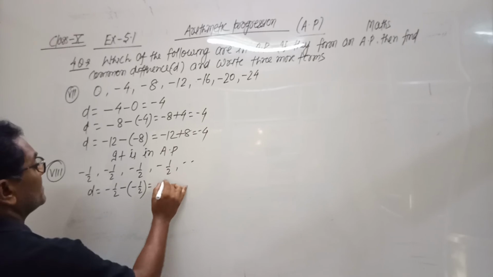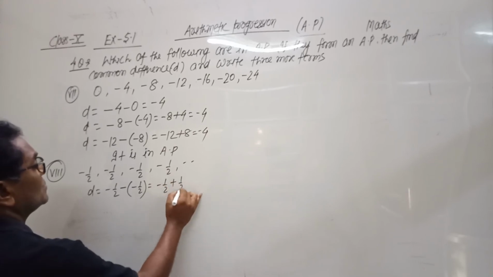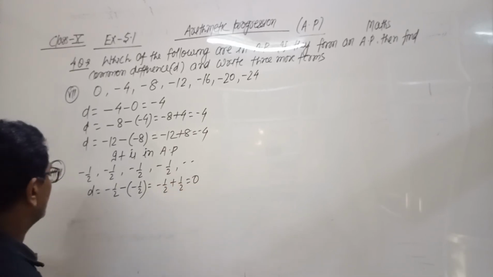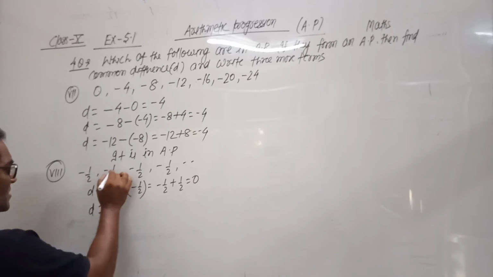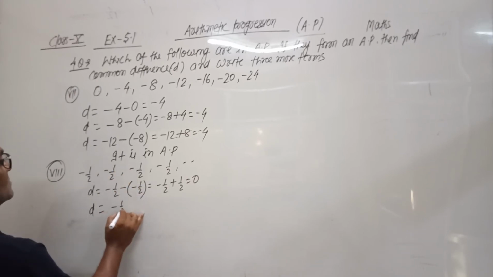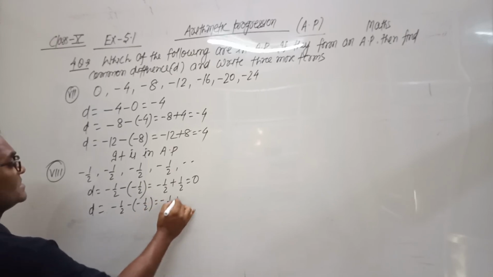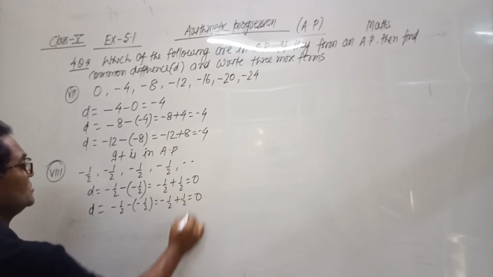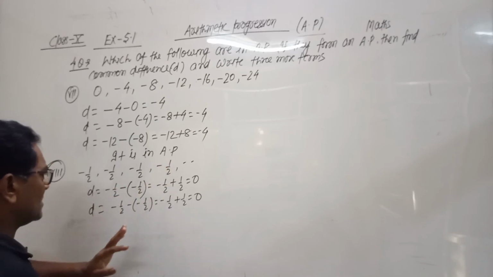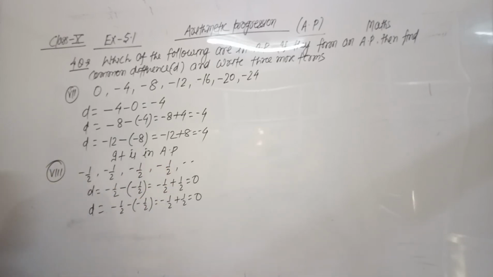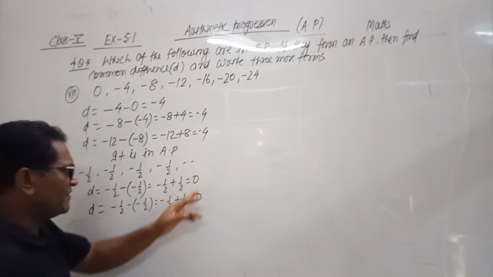So minus 1 by 2 plus 1 by 2 we get 0. Again minus 1 by 2 plus 1 by 2 is 0. Then from this term again we get 0. Means this is in AP, whose common difference is 0.